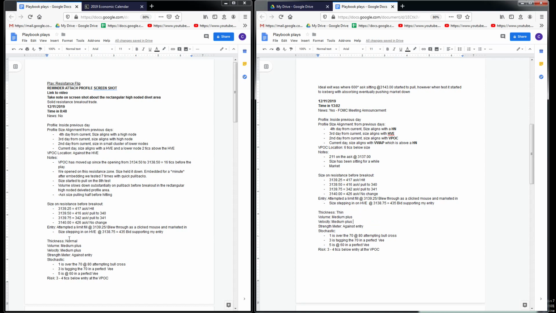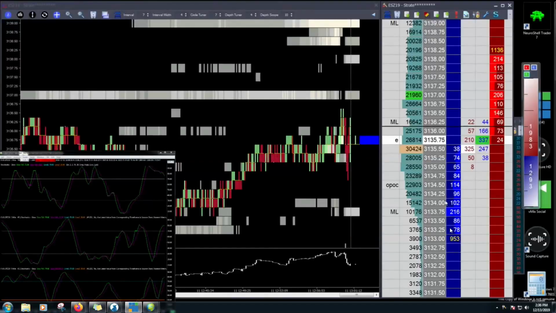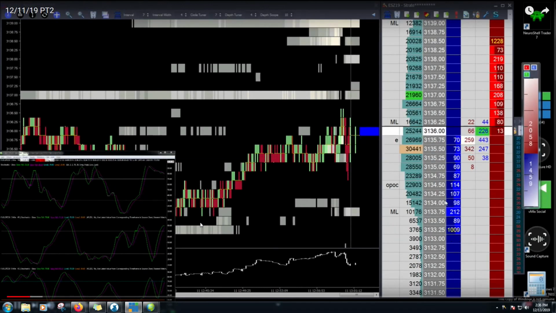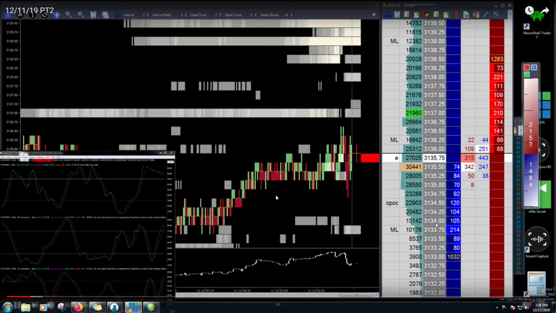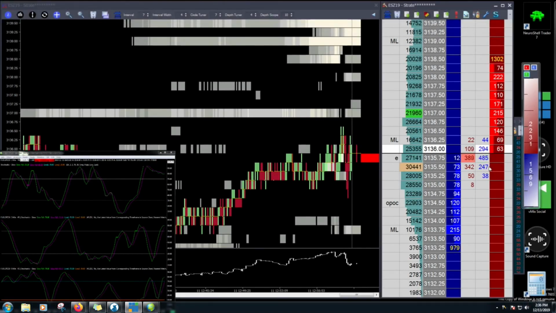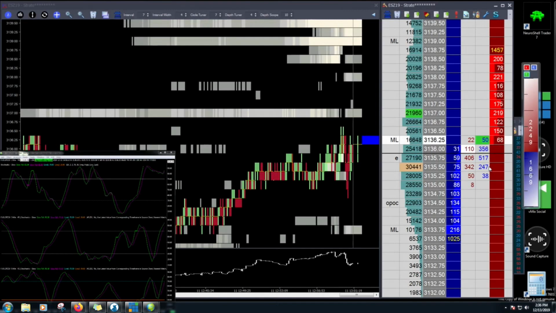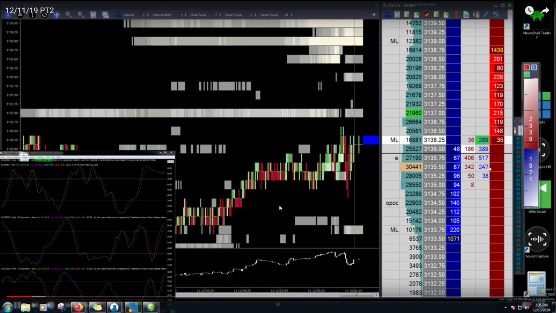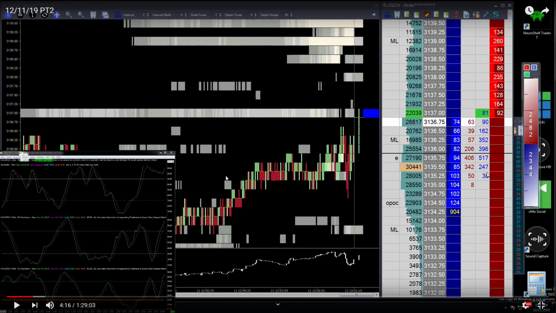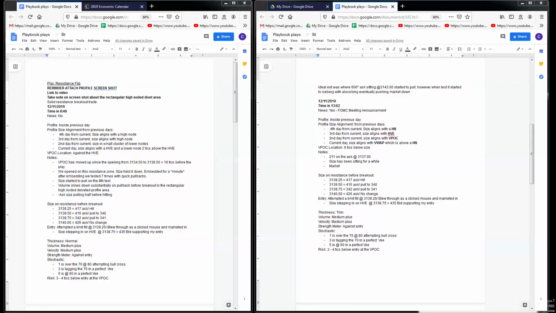Okay, thickness, thin. If you look at the first trade, it's normal. Volume. What is the volume? Let's watch it. It is a news release. Volume high, velocity high.